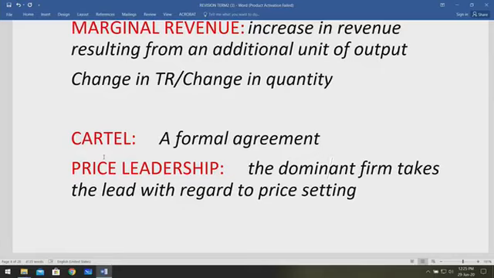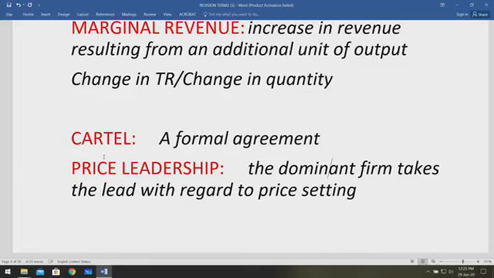What you need to understand is that they've come together and actually signed a contract or made a formalized agreement as to what we're going to do with regards to the output or the pricing of our goods, etc. And please bear in mind, this is the collusion that is not accepted in South Africa, right?